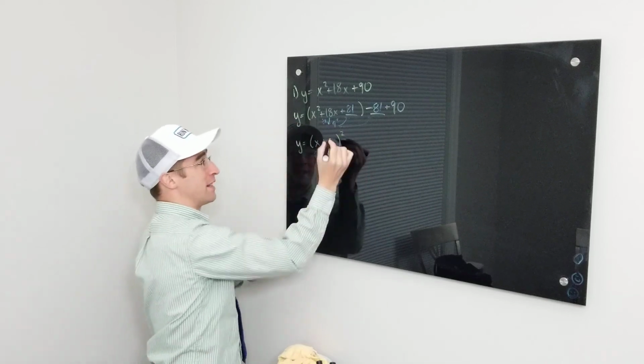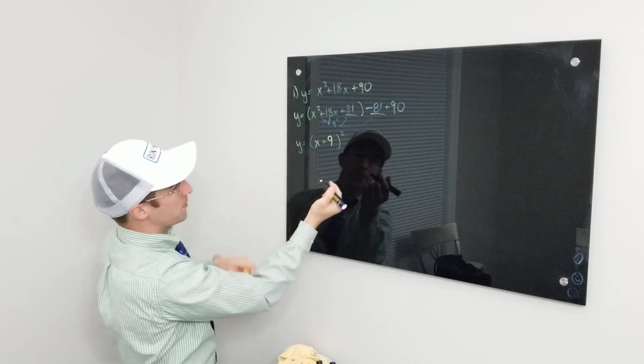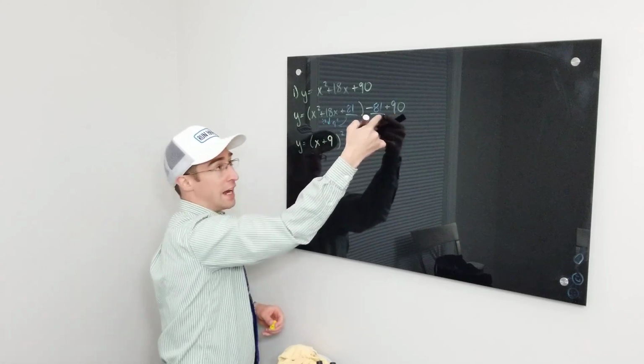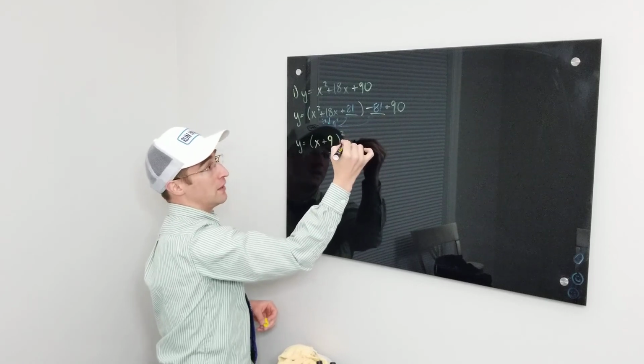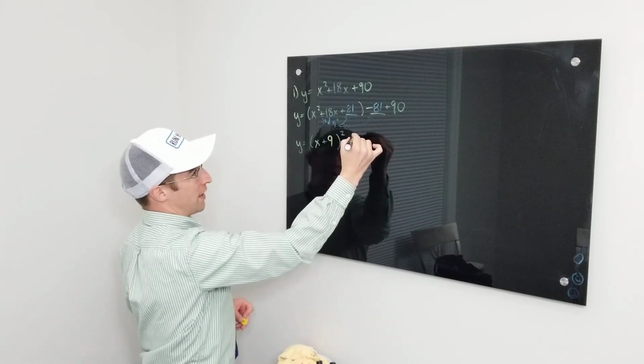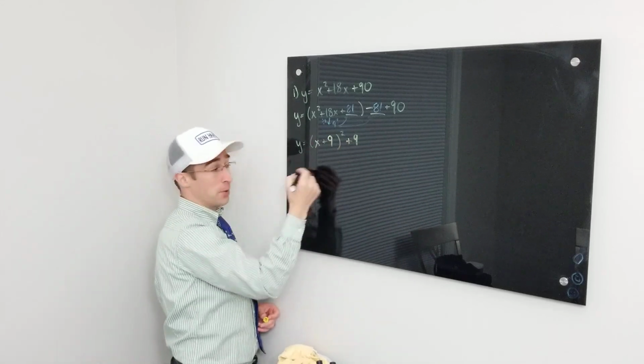So x plus 9 squared. Then I'm going to add negative 81 and 90, so basically 90 minus 81. Oh, look, it gives me 9. So I have x plus 9 squared plus 9.